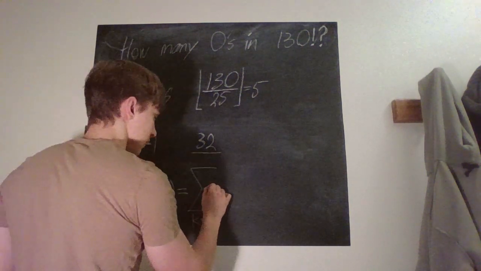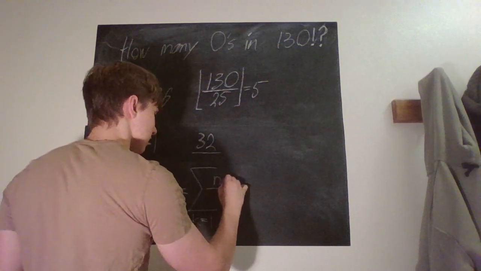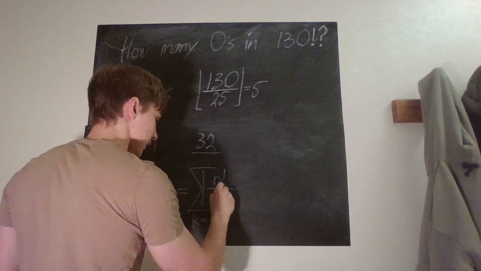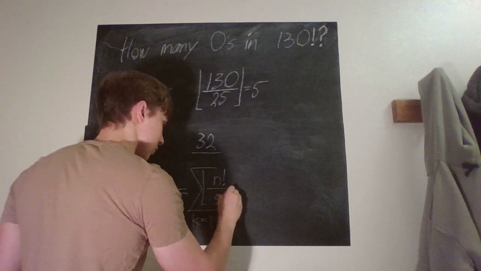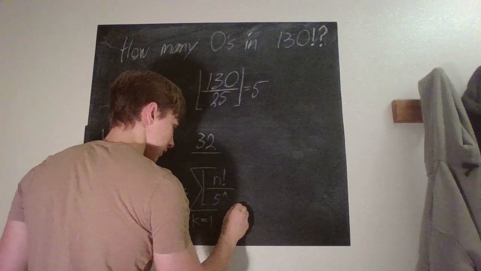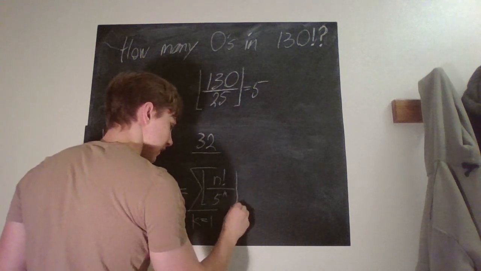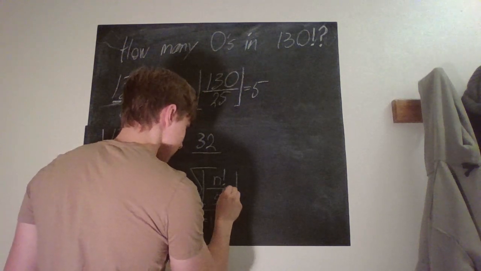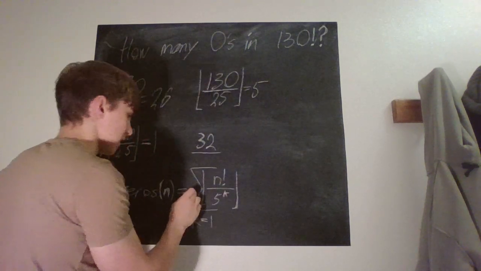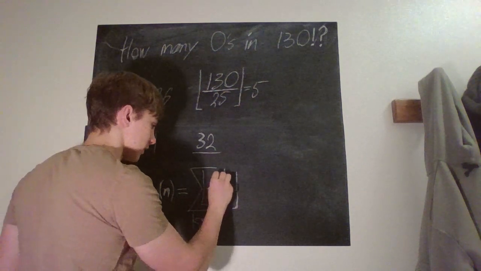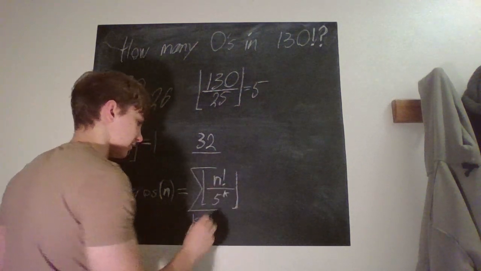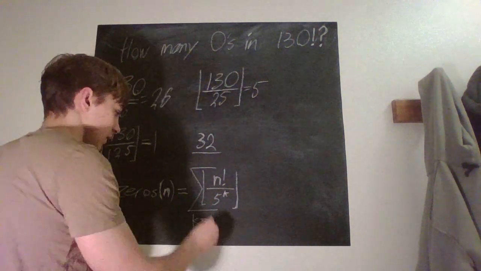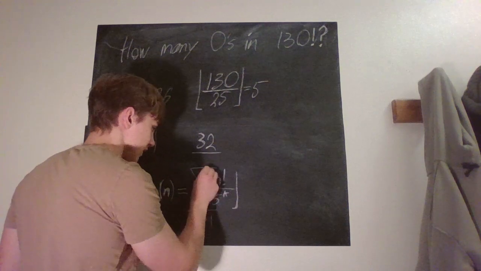And what we had was just n, all of this floor, and then divided by 5 to the power of k. And of course you could extract this in front. This has nothing to do with k. No, sorry. Of course, no, it's inside the floor. You can't do that. Just kidding.